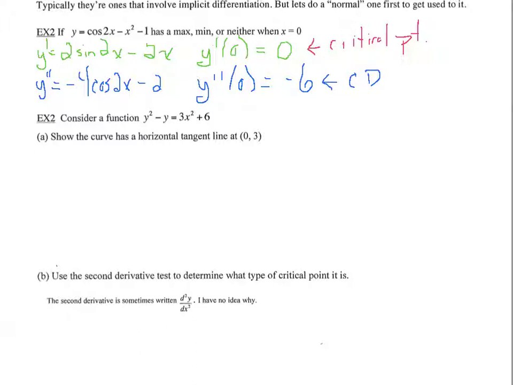The conclusion for all of this is that these two pieces together tell us that at x equals 0, we have a maximum.